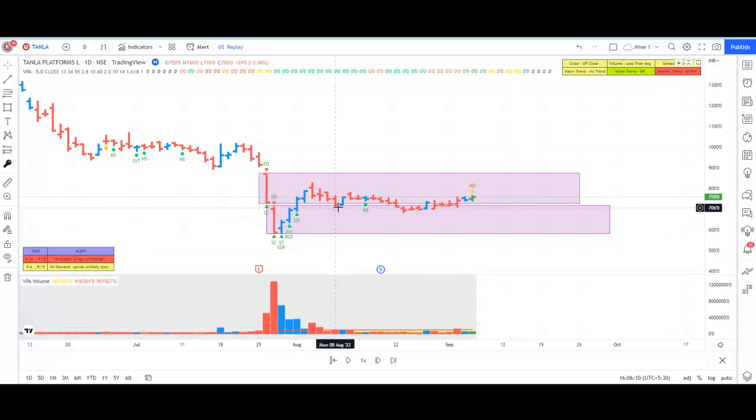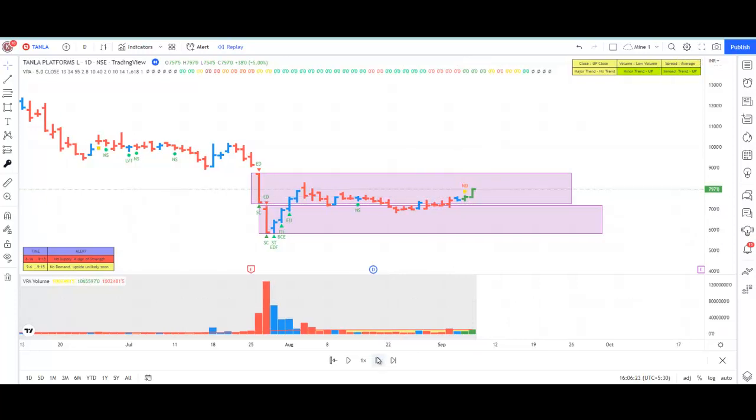Here you can see that the high of the second selling climax bar is acting as a support here. And the stocks have been moving sideways. Let's see further how it moves.